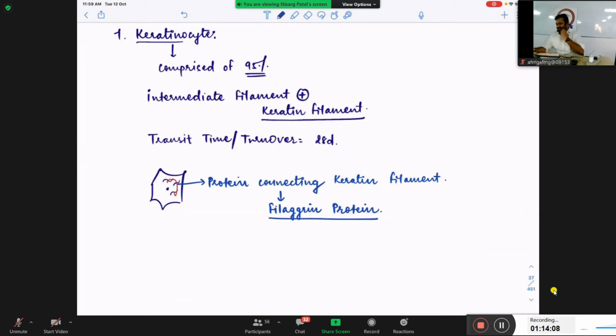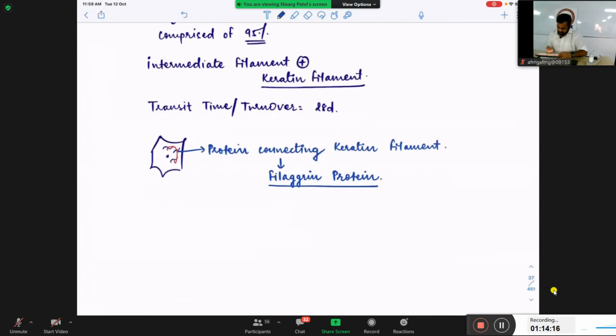This protein is the filaggrin protein. And together, these keratinocytes provide an important barrier function.